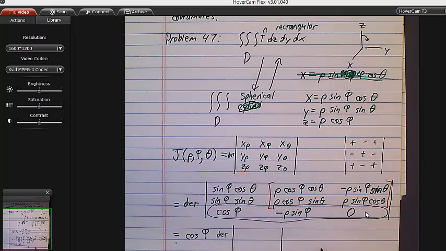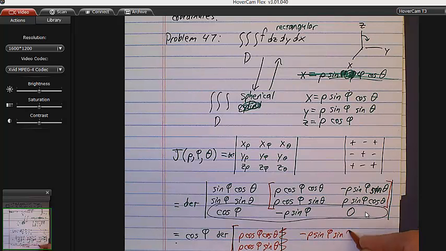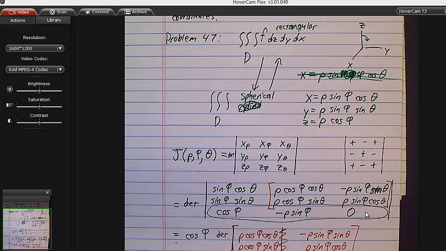So maybe I should write it all out: the determinant of rho cosine phi cosine theta, the other part is rho cosine phi sine theta, and this is minus rho sine phi sine theta and rho sine phi cosine theta. Okay? So I have to do this, and then moving across, I need to subtract.